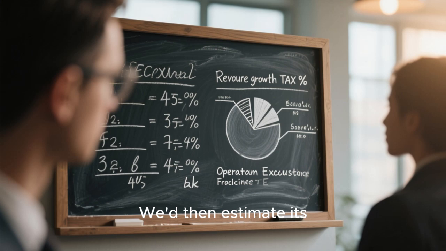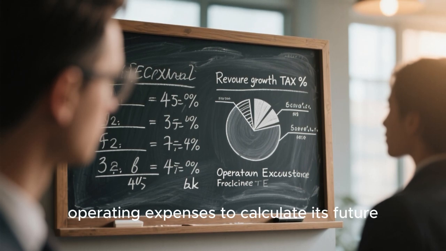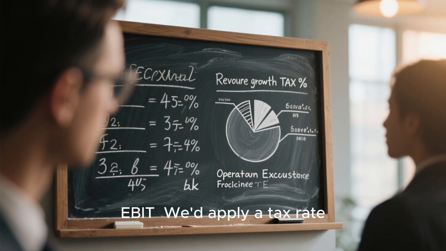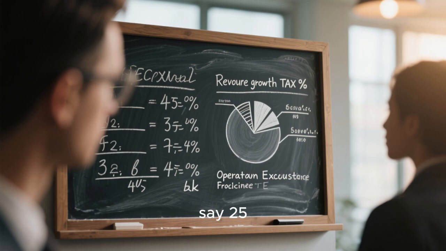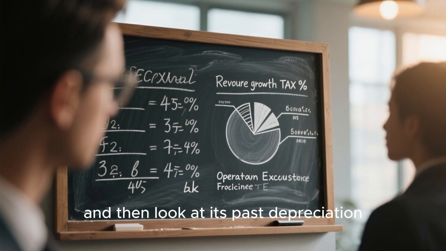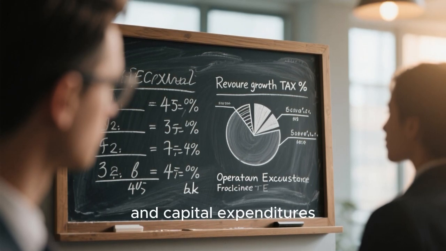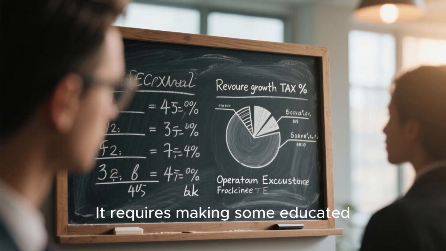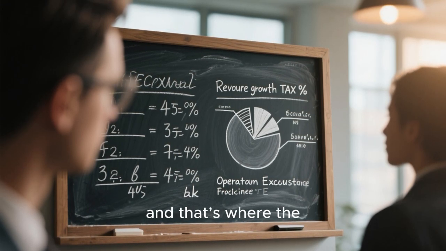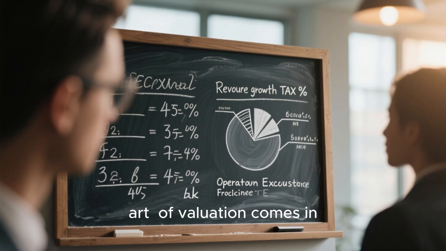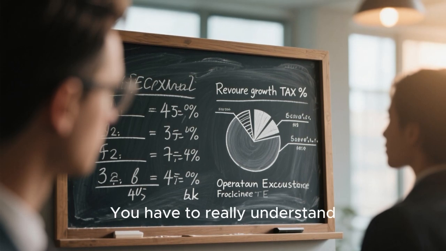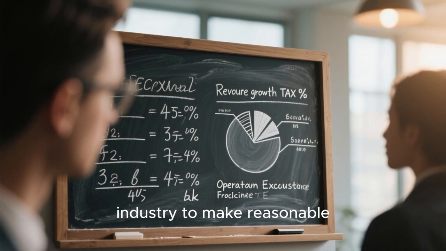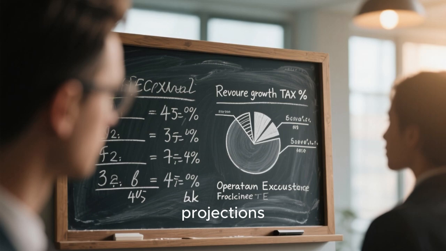We'd then estimate its operating expenses to calculate its future EBIT. We'd apply a tax rate, say 25%, and then look at its past depreciation and capital expenditures to forecast those figures. It requires making some educated assumptions, and that's where the art of valuation comes in. You have to really understand the company and its industry to make reasonable projections.